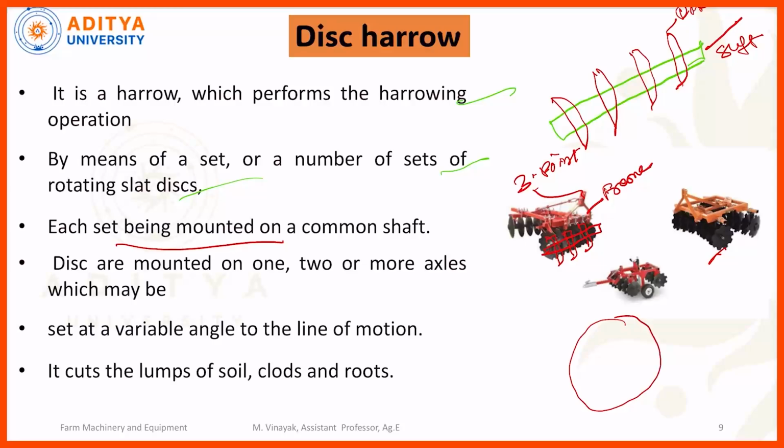In the blunted disc, throughout the periphery of the disc, it will happen like this. So this one is a blunted disc harrow.